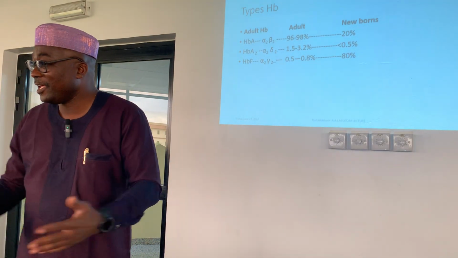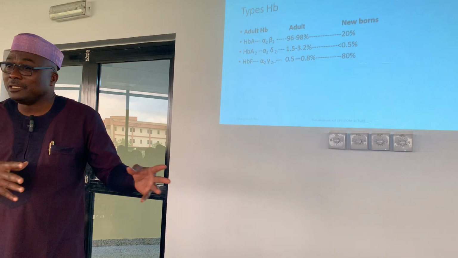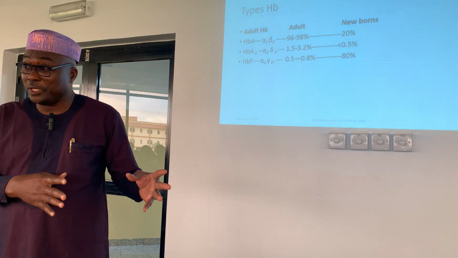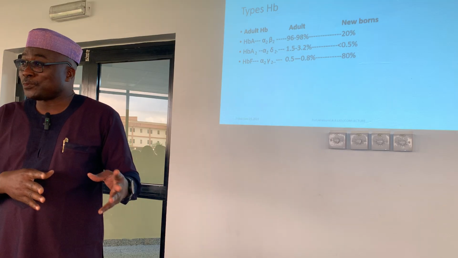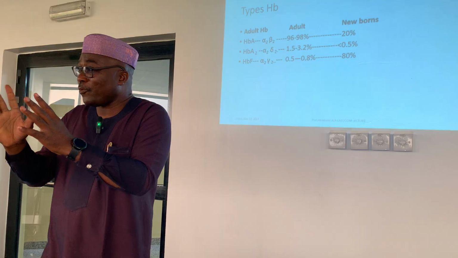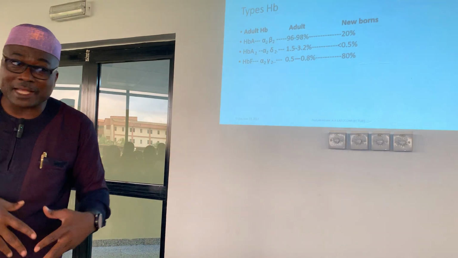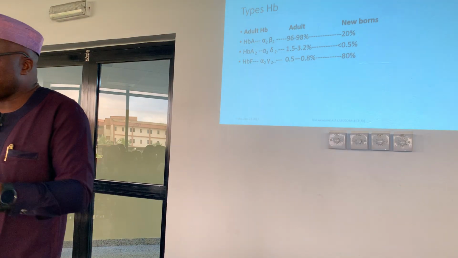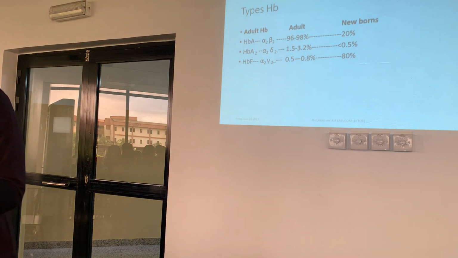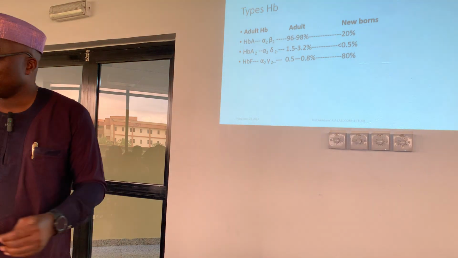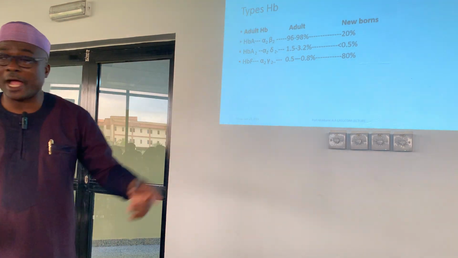Oxygen is found where? In the air. So that's why God has made hemoglobin F special: irrespective of the amount of oxygen in the placenta, hemoglobin F is adapted to go and pick it, then take it to the baby. You understand? So that is why it is higher.